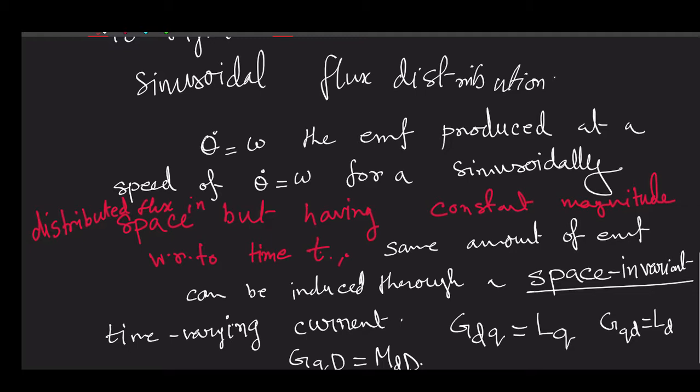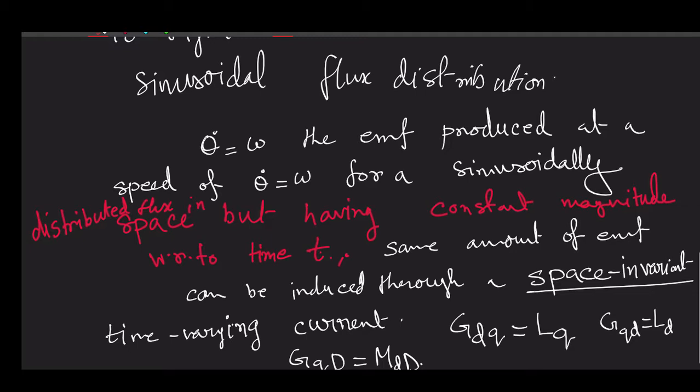But try to understand that it is not only the flux but also the permeance of the path that plays a key role. Permeance or reluctance of the path is likely to vary in a salient pole machine.